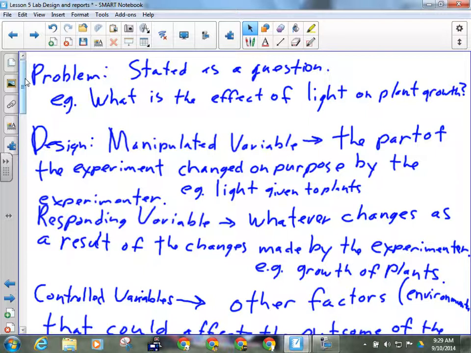I cannot. Okay, that's why you can only ever have one manipulated variable. You may have more than one responding variable. It isn't common, but it's possible. Okay, most of the time you have one responding variable that you are watching.